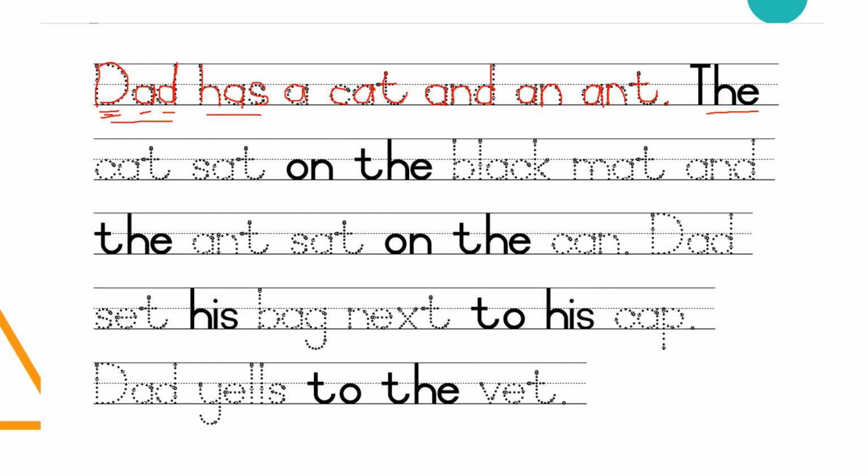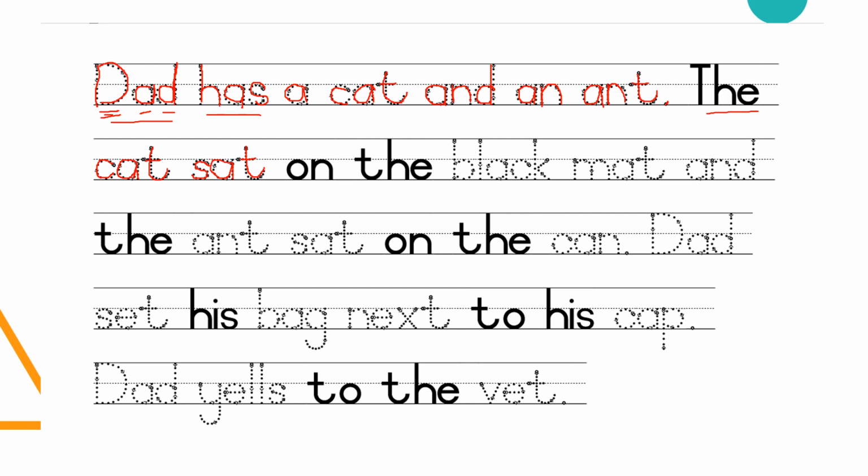Here's our sight word, the, and then the word is repeated again, cat. The cat sat, because it's a s, a, t, sat.